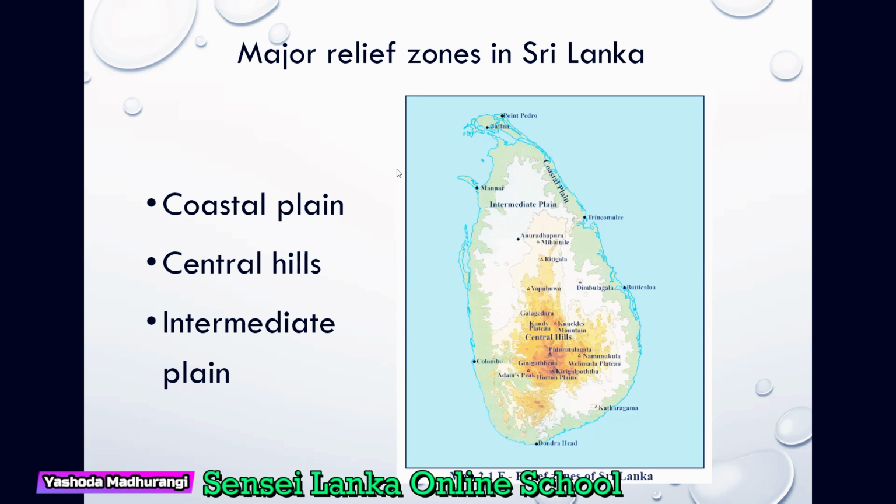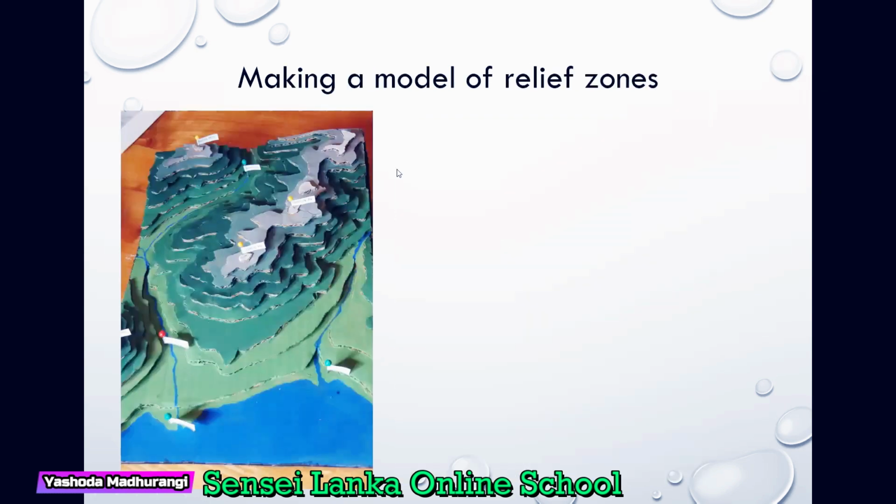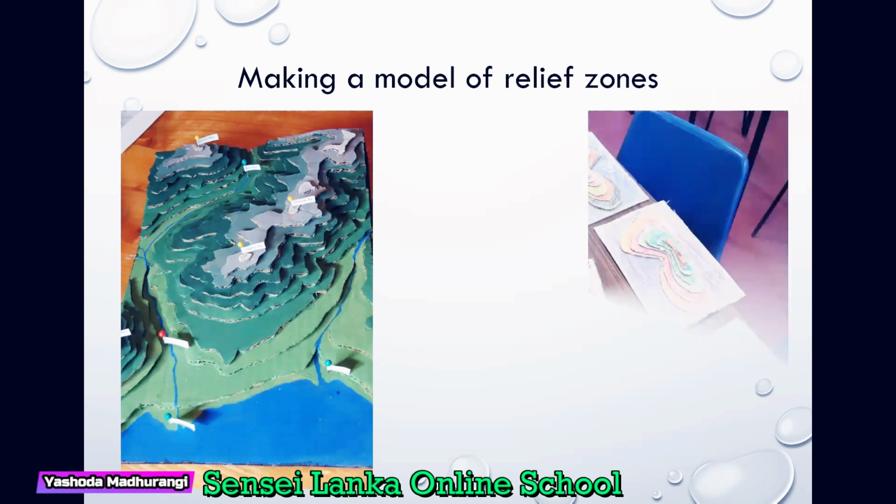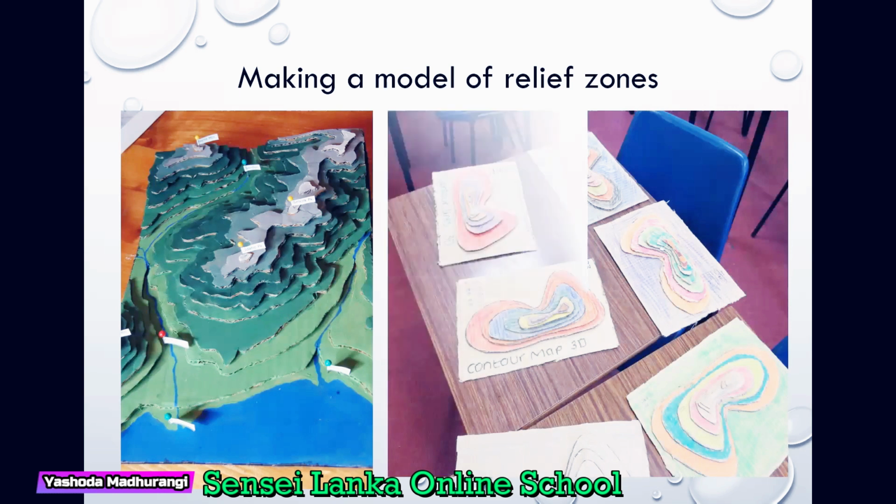Now let's go to the next part. We can make models in geography. We can make models like this. What are the models? When you look at this picture, you can understand the models.